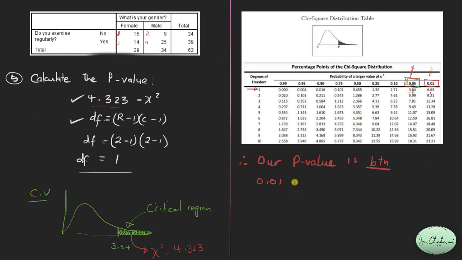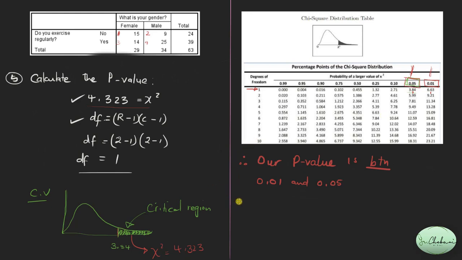We know for sure that our p-value is less than 0.05, because if it's between 0.05 and 0.01, it means that it's less than 0.05. So this is step number 5, remember?